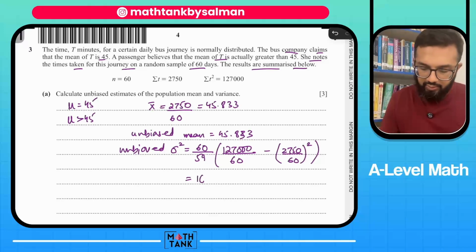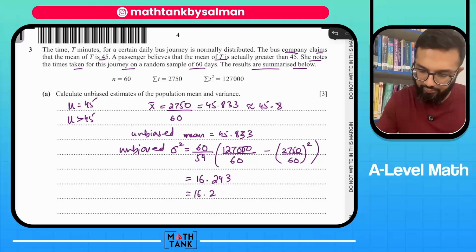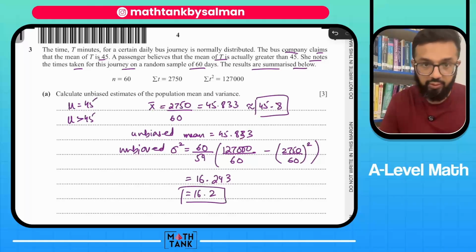So I am getting 16.243. I'm going to round that off to three significant figures, so these are my answers: 45.8 and 16.2.